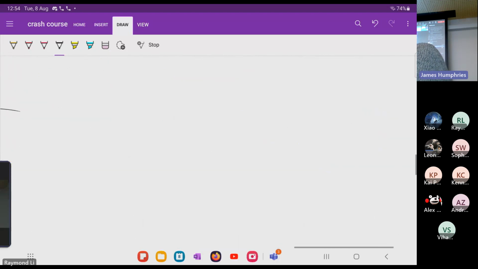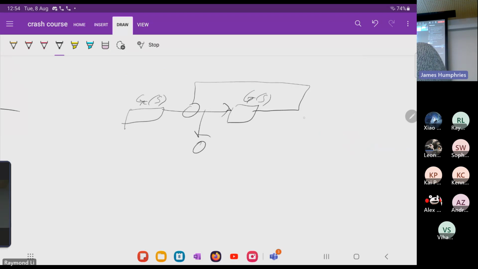I'm going to keep going across. Then we have our block here, which I'm going to call GC of S, and a block here, which is going to be G of S. Then we have the adder, and we have an adder here as well.